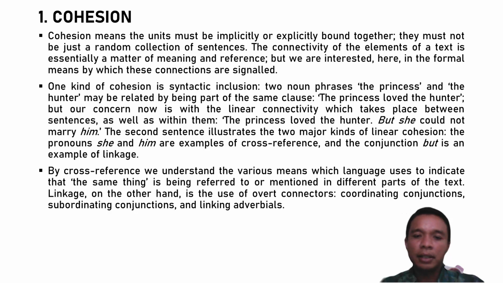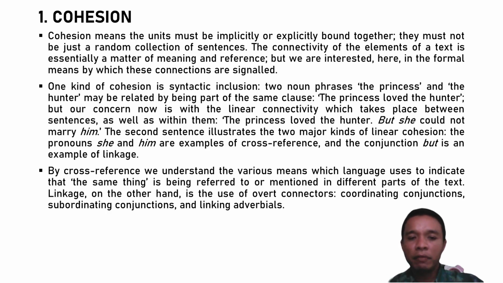The second sentence illustrates the two major kinds of linear cohesion. The pronouns she and him are examples of cross-reference, and the conjunction but is an example of linkage.